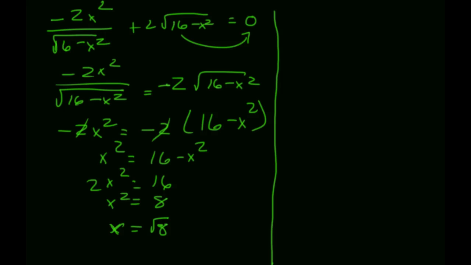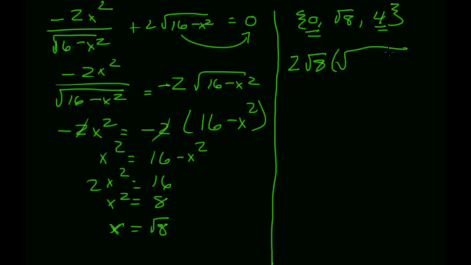So let's see. I have 3 critical points then. I have 0, square root of 8, and 4, right? But I know 0 and 4 yield 0, so my maximum has to be when x is the square root of 8. So my maximal area is going to be 2 times the square root of 8 times the square root of 16 minus the square root of 8 squared, which is 8, right?